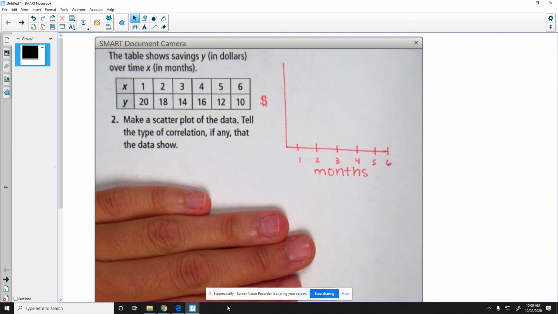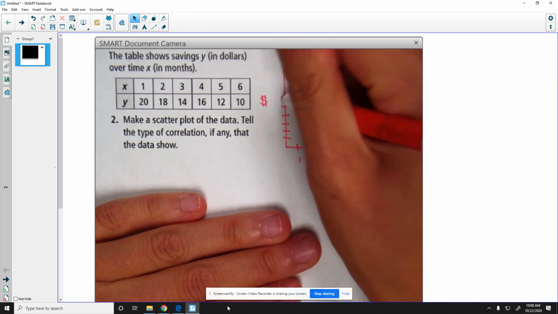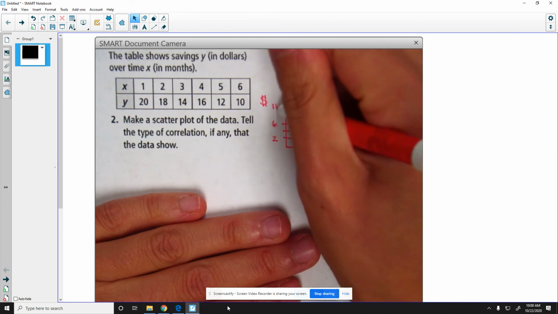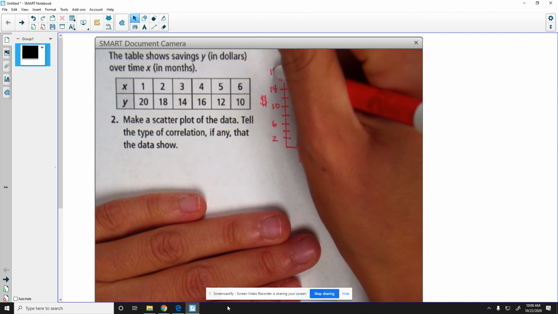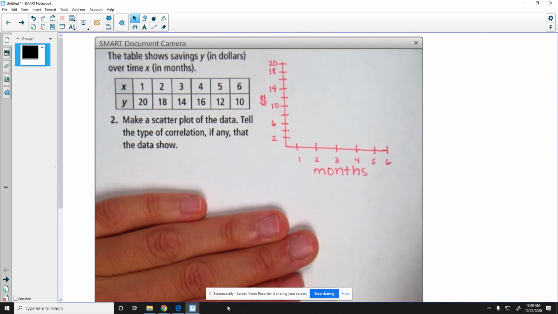You can really count by 1s if you wanted to, but you would just be way up there. It's your choice, okay? So someone said 2, so let's just count by 2. So 2, 4, 6, 8, 10, 12, 14, 16, 18, 20. But you can count by whatever you want. It's your call.